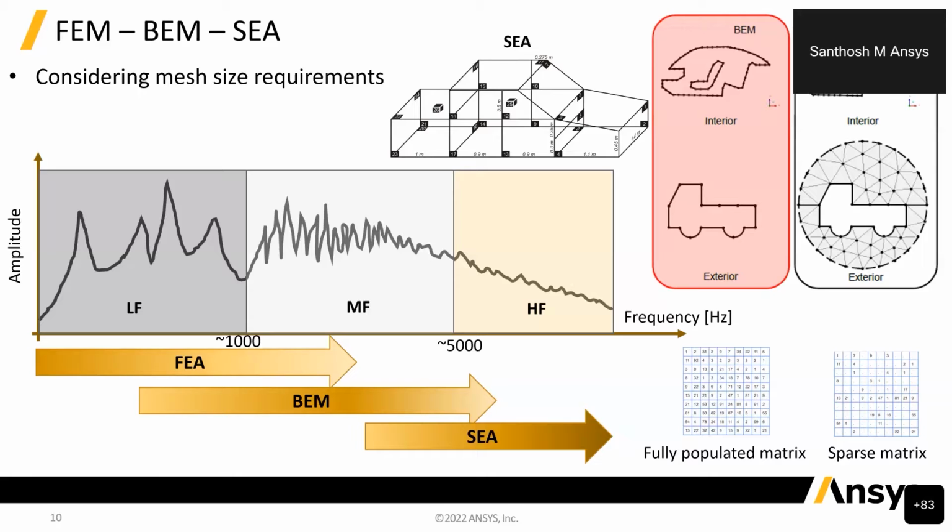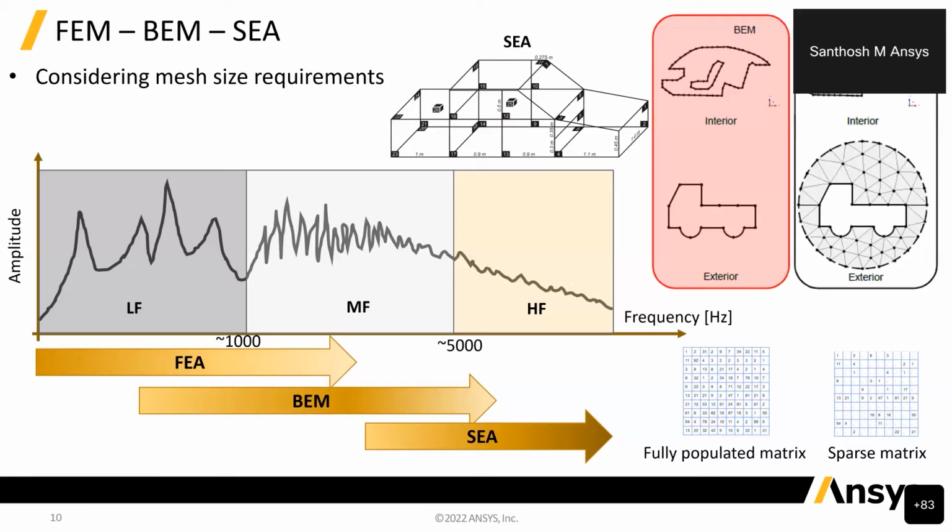In the boundary element method, there is no need to mesh the air domain, either interior or exterior. We need to mesh only the boundaries, so the number of elements comes down. It doesn't mean that the boundary element method can be used to solve any range of problem, because in the finite element method the resulting matrix is sparse, so there are many zero terms which we can eliminate while doing the calculation.